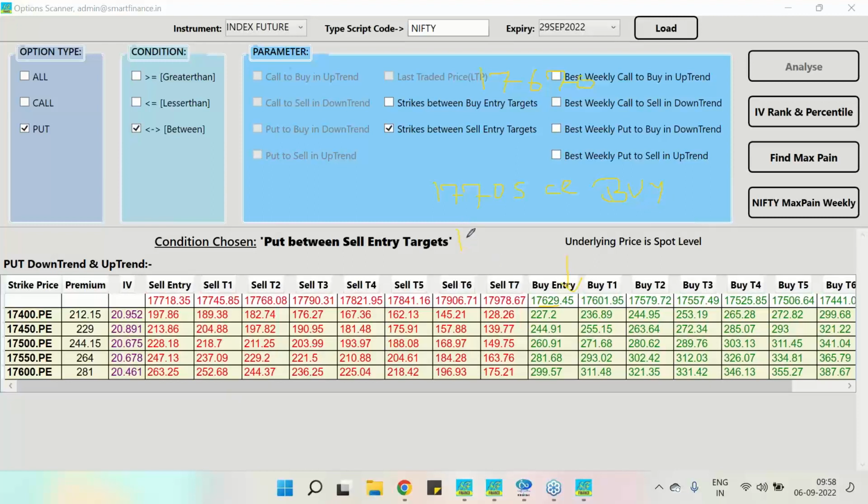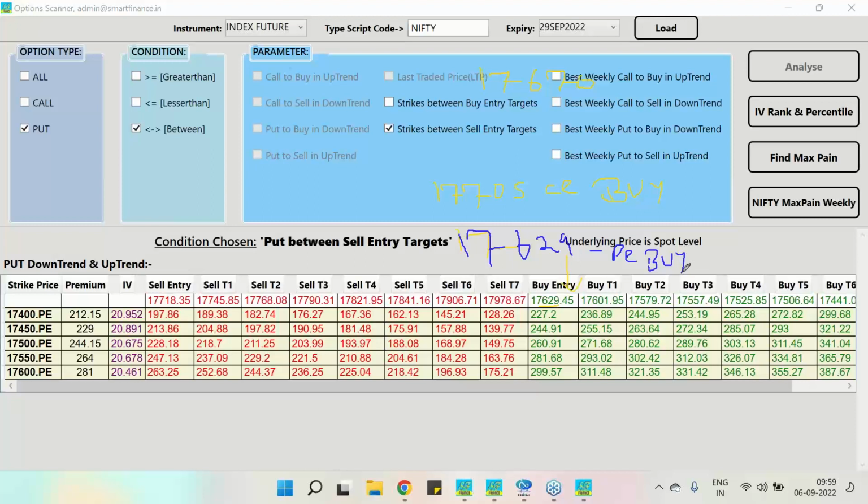Put buy should be initiated once the Nifty falls back to 17,629.